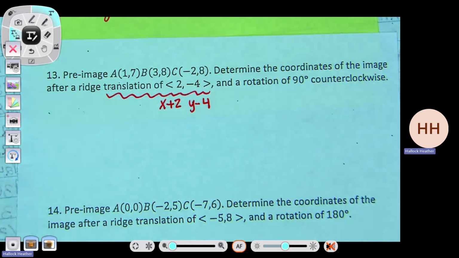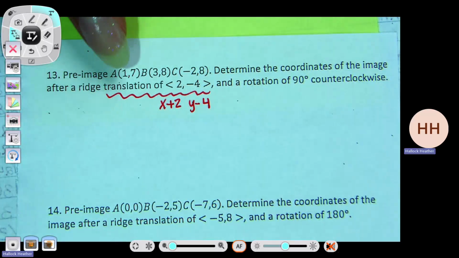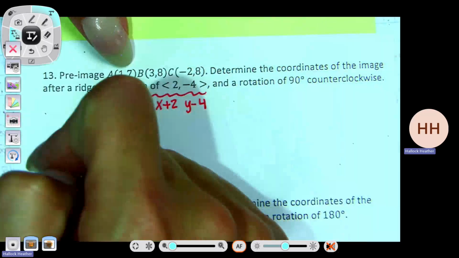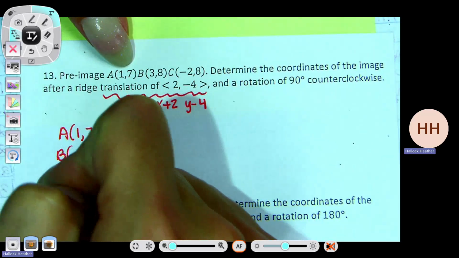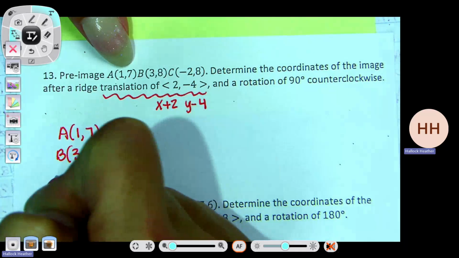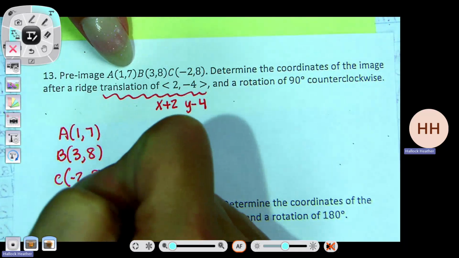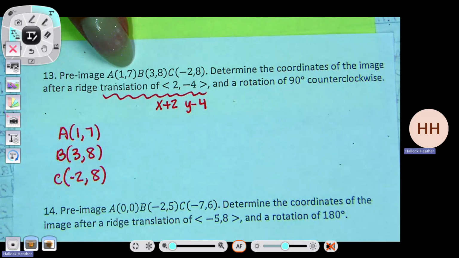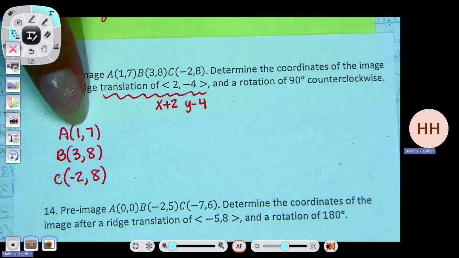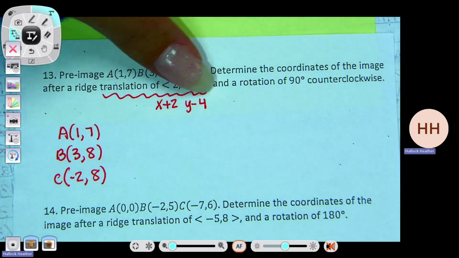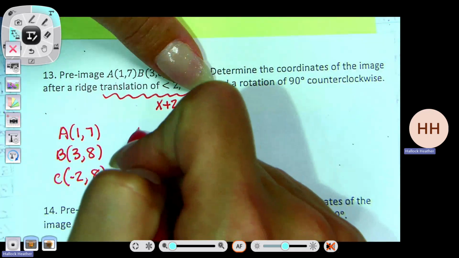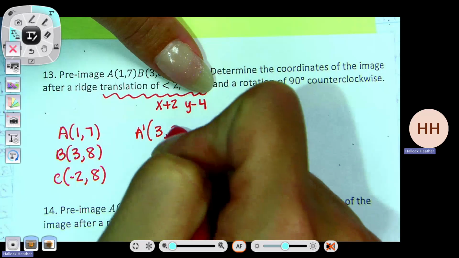For every single coordinate point, we're going to do the first translation without the graph. I'm going to write it out first. So A was 1, 7. B was 3, 8. You don't have to do this, but I'm going to do it anyways. So there's my coordinate points. Those are the original. If I was at 1, 7, and I'm adding 2 and subtracting 4, where is A prime? 3, 3.